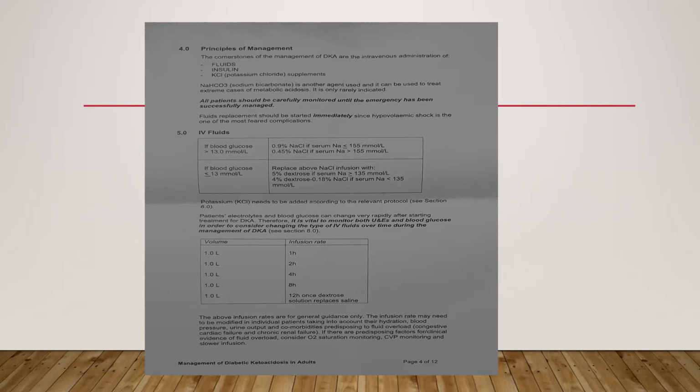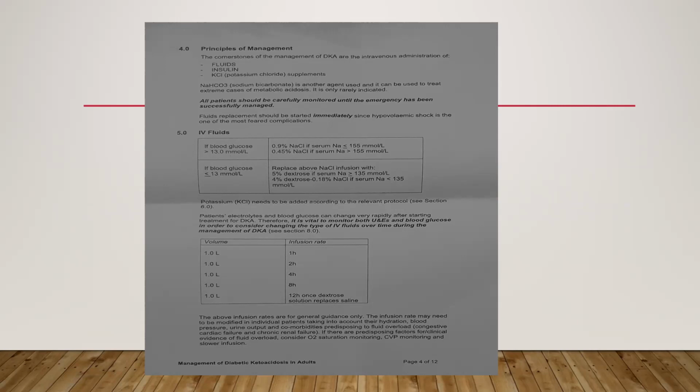So most likely the sodium will be within the normal range and sometimes could be low. So just remember, if blood glucose is more than 13 millimole per liter, we give 0.9% normal saline, and if it is 13 millimole per liter or less, we give 5% dextrose.